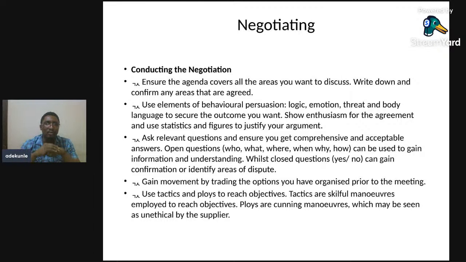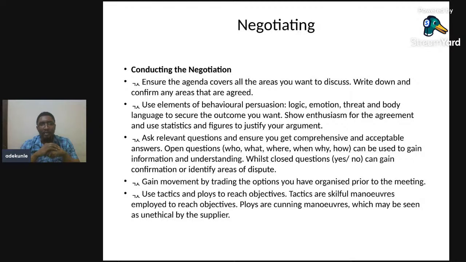You're critical to the questions you ask. You use open questions like who, what, where, when, why, how. All right, you can use that to gain information and understand your supplier very well when you're negotiating with them. You can also gain movement by trading options you have organized prior to the meeting, options you want to give them.